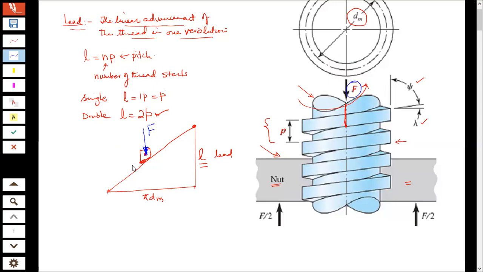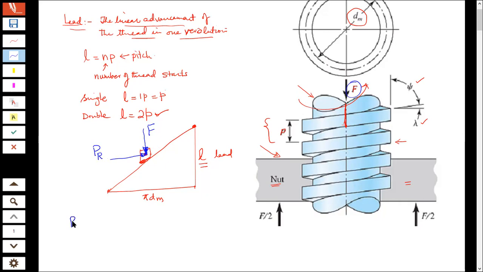Now, what I'm trying to do is push on this load, and that is going to be the amount of force that I want to apply on this thread to raise the load up along this inclined plane, and let's call that PR. So what is PR?